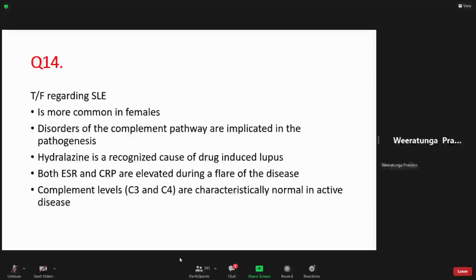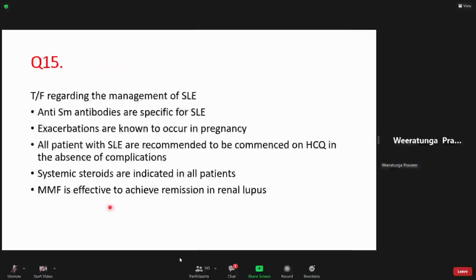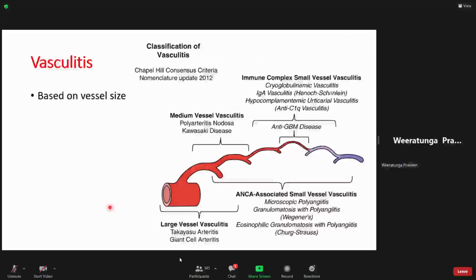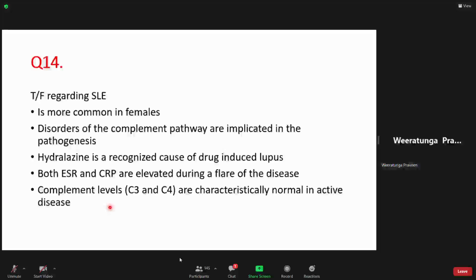Now, I talked about this MCQ point where we talked about how to diagnose an active flare of SLE. Long case, right? So how to diagnose a flare of SLE.